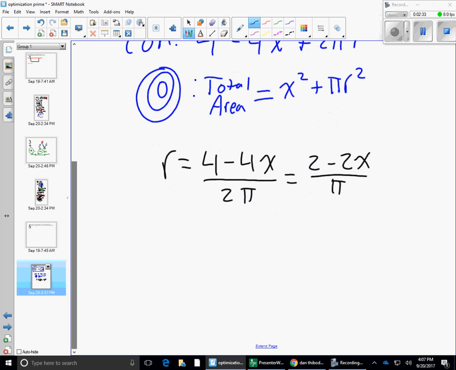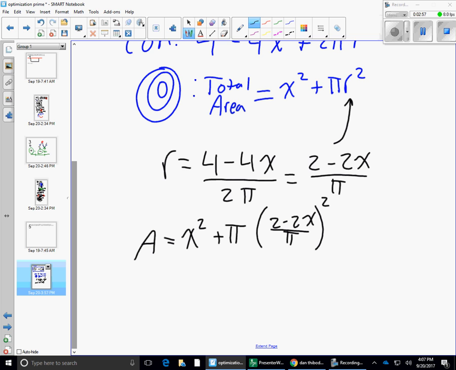And then we're going to use this and we're going to substitute for our r in our area equation, which is our target. So A is now equal to x squared plus, and now we're going to have pi times, and we'll replace our r, 2 minus 2x over pi squared. Excellent.